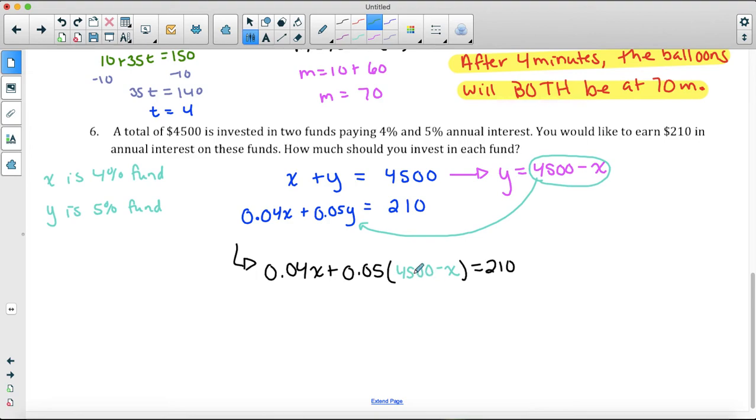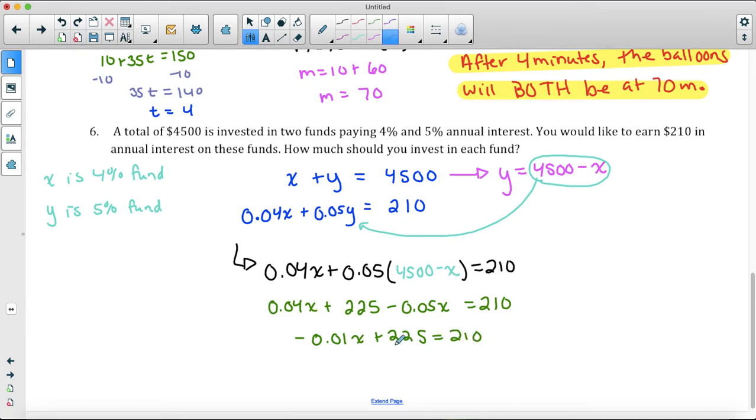So using the distributive property and simplifying, we'll have 0.04x plus 5% of 4,500, which is 225, and then 0.05 times negative x is negative 0.05x, is equal to 210. Combine our terms. We have 0.04x minus 0.05x is negative 0.01x plus 225 is equal to 210.